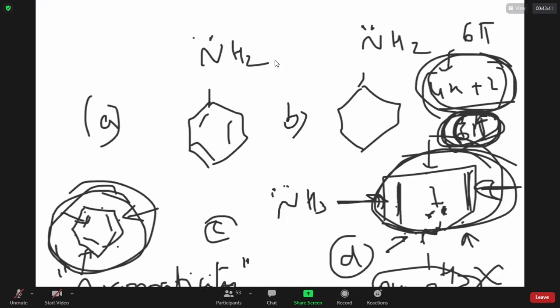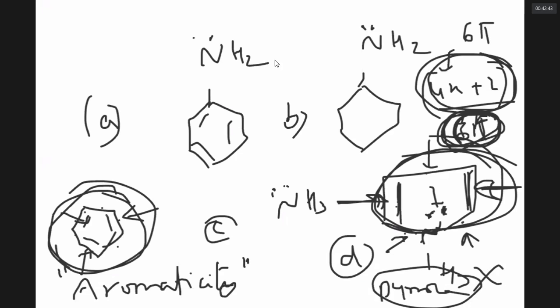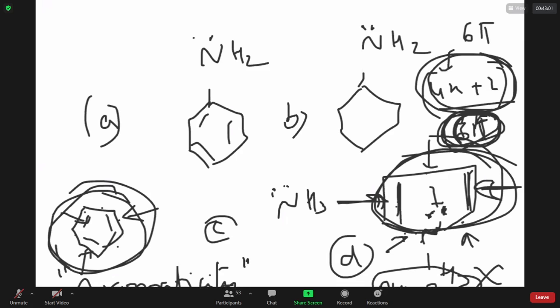What is a base? A base is somebody who can give a lone pair to H plus. Why is pyrrole not basic? Because in pyrrole, the lone pair on nitrogen is not free. Why is it not free? It is involved in aromaticity. Why does it have to be involved in aromaticity? To be aromatic, cyclic systems require 4n plus 2 pi electrons. If n is equal to 1, it requires 6 pi electrons.